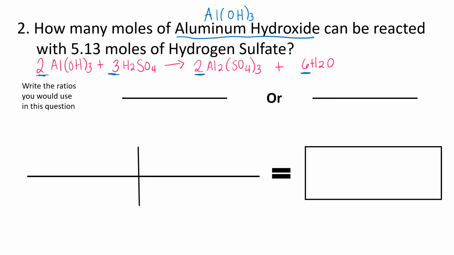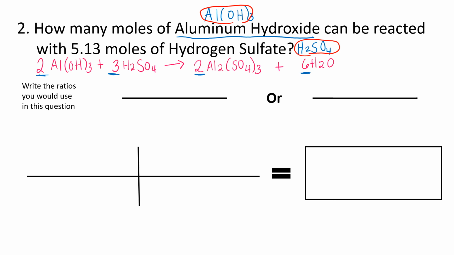And again, if you remember what that one was that you just did, it is the H2SO4, hydrogen sulfate. Okay, so notice that those are the 2 that were mentioned in the question: aluminum hydroxide and hydrogen sulfate.